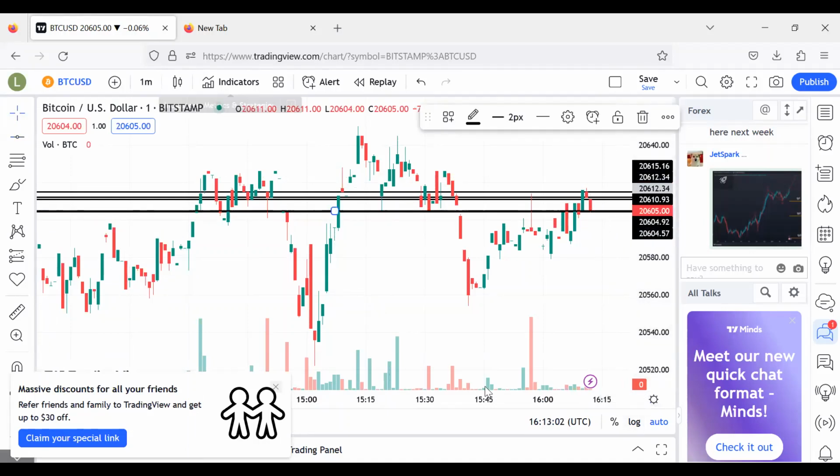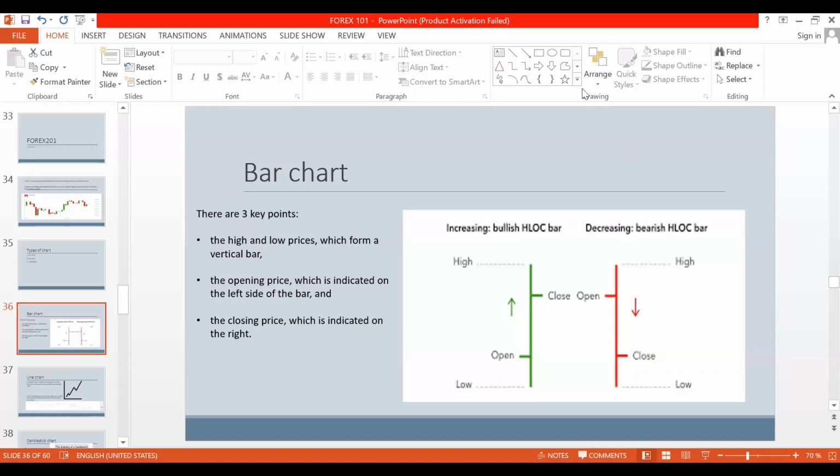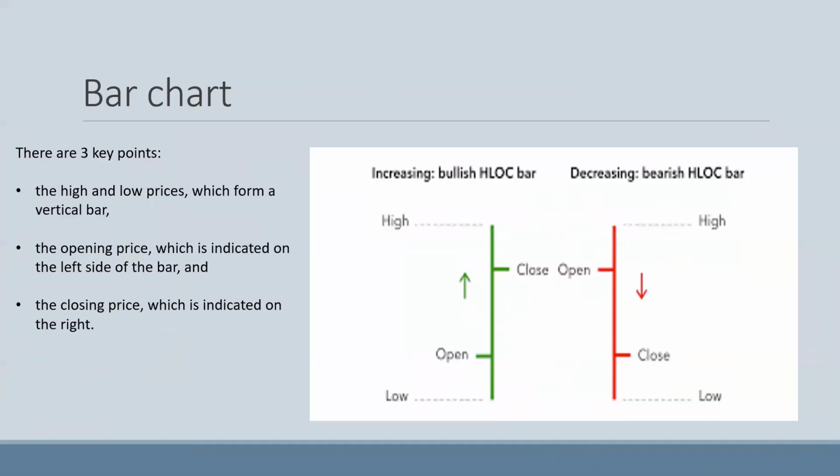Now, if we're looking at it in the same way we're looking at our bar chart, we're going to realize that the same way our candle chart opens and closes is the same way our bar chart opens and closes. But the difference is that it's not represented in a candle. When it comes to the bar chart, when your candle opens, at that price, it just shows a horizontal line at the left.